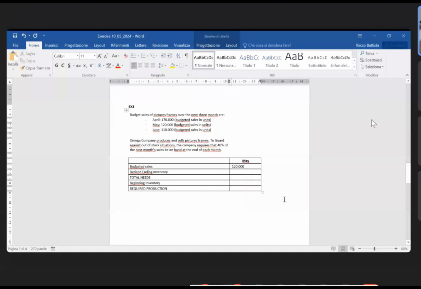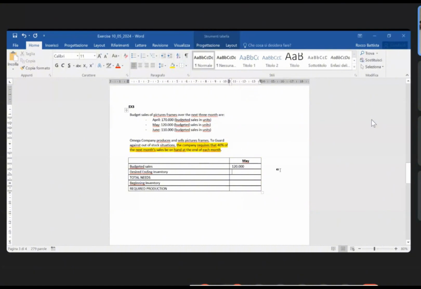The desired ending inventory. Do you remember how to calculate it? The information about the desired ending inventory is here. It says that there should be 40% on hand at the end of the next month. So we calculate 40% of 120, which is 48,000.